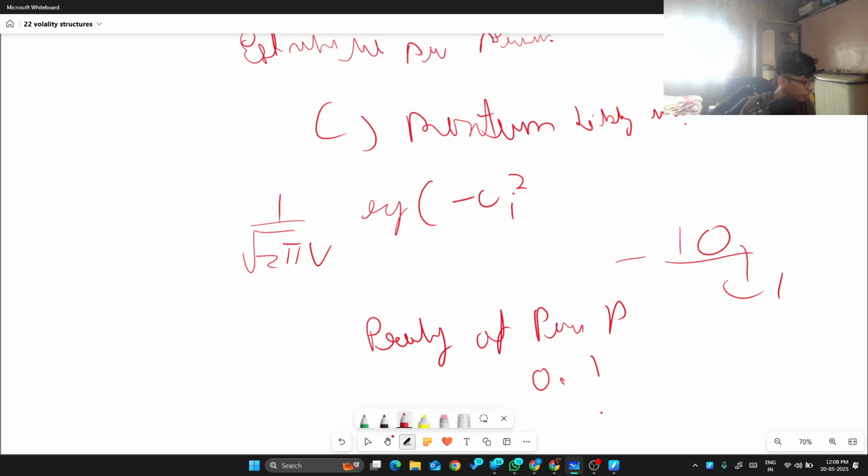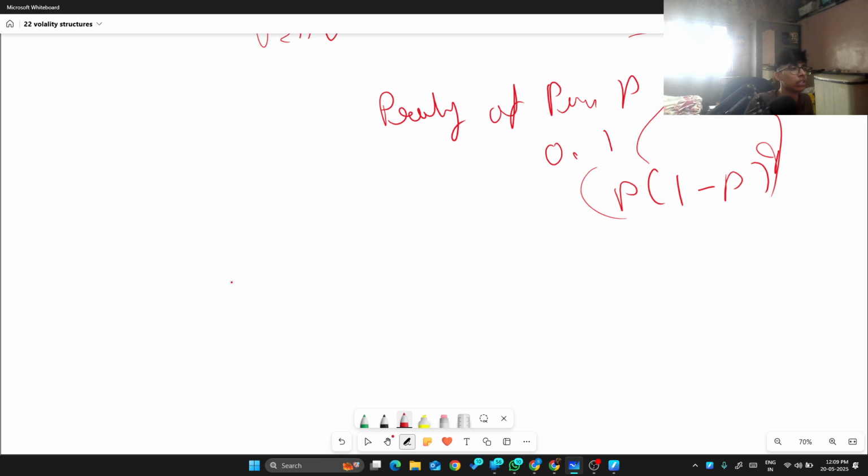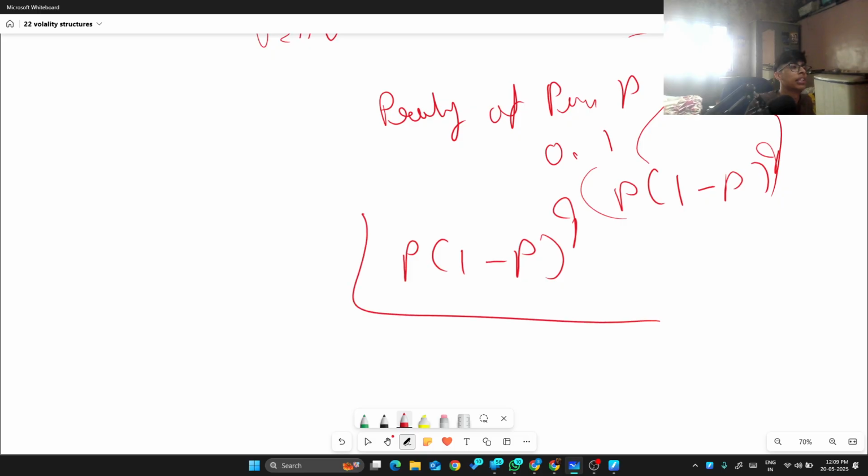The other 9 do not decline, so their probability is 1 minus p, for each of the 9. So the probability of the other 9 not declining is (1 minus p) raised to 9, and that's our maximum likelihood.